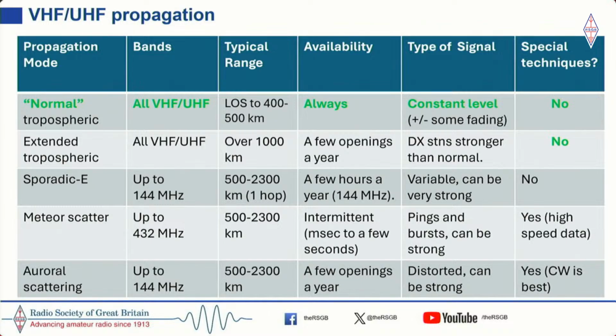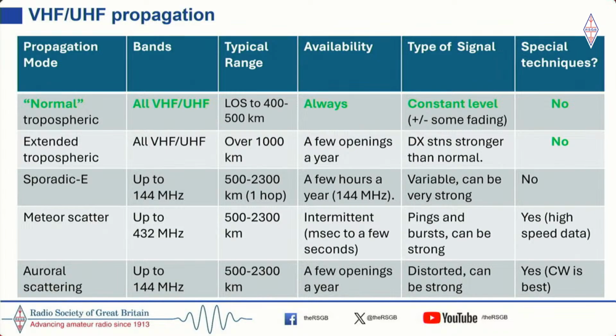The defining feature of meteor scatter is that it's intermittent. You get pings and bursts lasting a few milliseconds to a few seconds, usually. So high-speed data is the best mode, one kind or another. It used to be done on CW with variable speed tape recorders. As soon as a good data mode was invented, everybody jumped ship, and that's what they're using now.